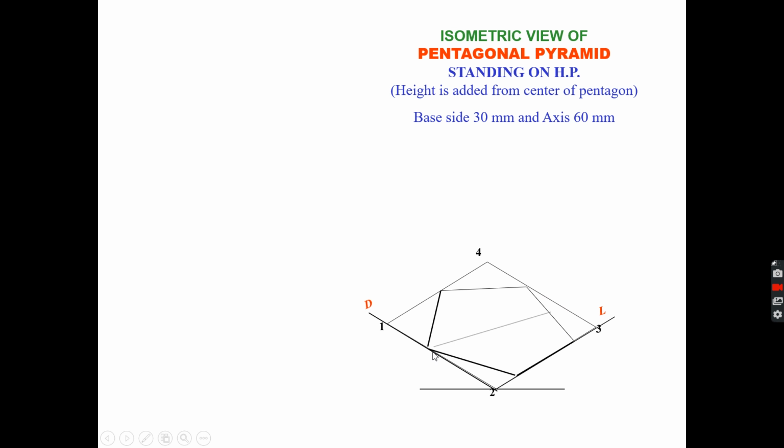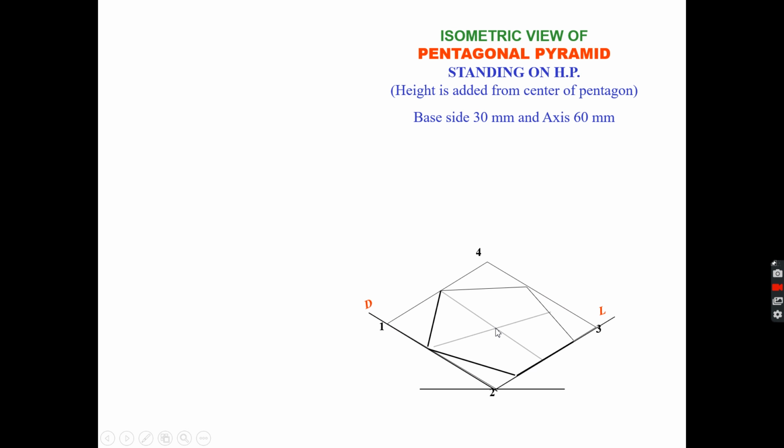So what I will do here, I will draw a line from here to the midpoint of that side. The similar way I will draw a line from here to the midpoint of that side. So you will get the center point of the pentagon.